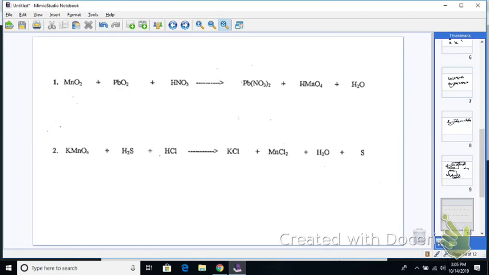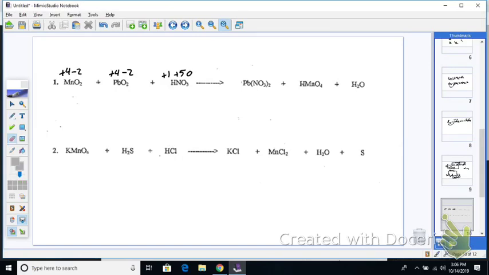And so then what you do is you go, okay, I'm going to go ahead and find all the charges. So this is plus 4 minus 2, plus 4 minus 2. The only way it works is if you get the charges right. If you don't get the charges right, it doesn't work. Okay, oxygen's a minus 2. I probably shouldn't even show oxygen because it's so repetitive. But I'm going to.